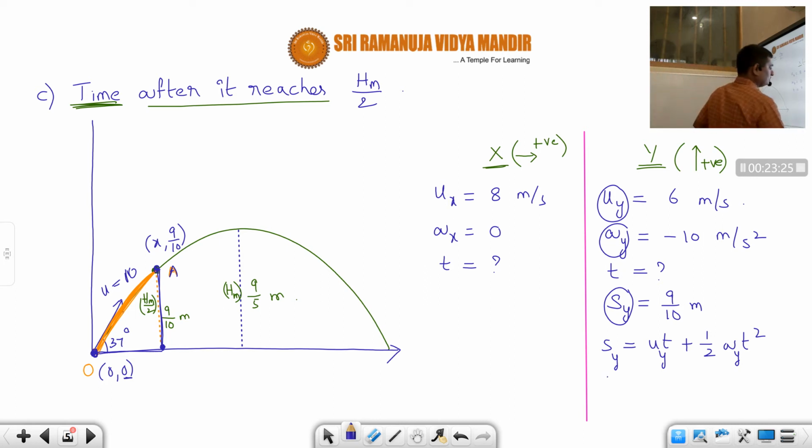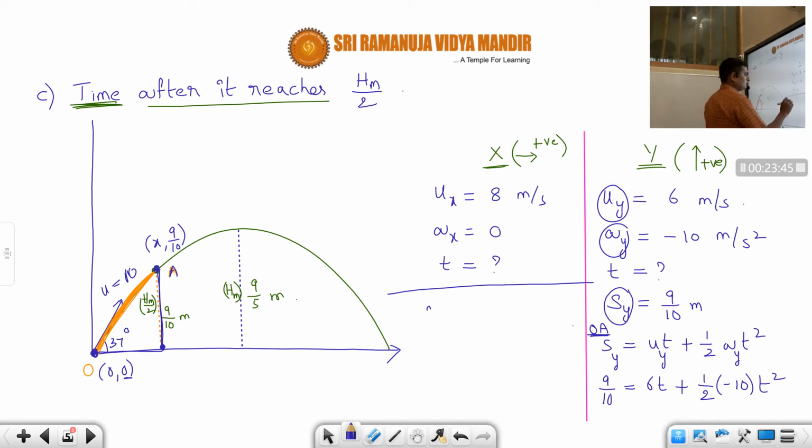Okay, students. So 9 by 10 is equal to, what is Uy? 6t plus, this is the time taken, from O to A, half of Ay, which is minus 10, times t square. That's all. So 9 by 10 is equal to 6t minus 5t square, or 5t square minus 6t plus 0.9 is equal to 0.